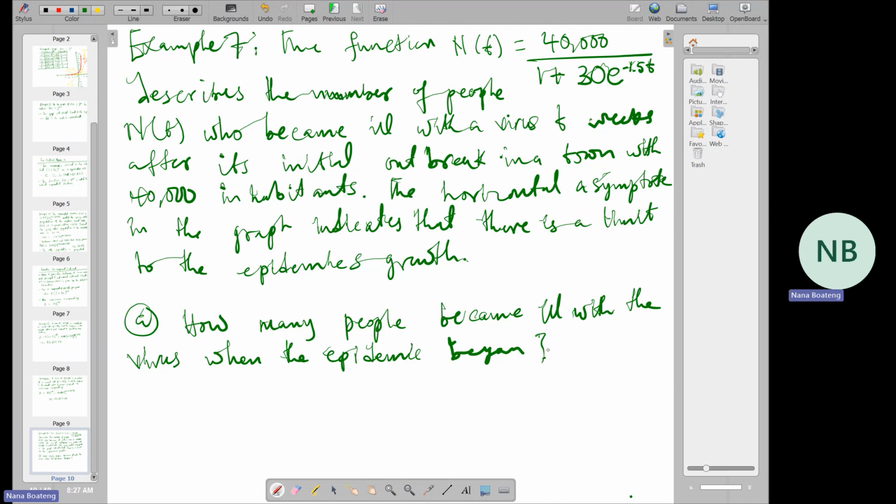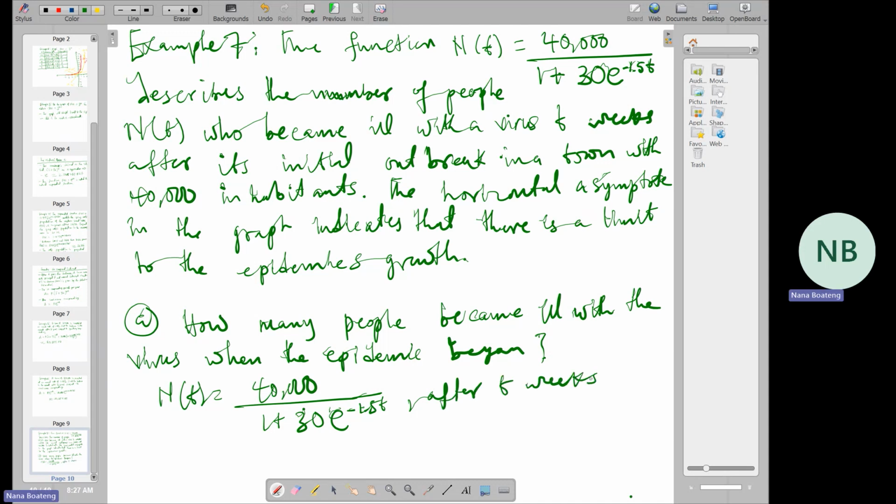So N of t is equal to 40,000 divided by 1 plus 30 e to the power minus 1.5t, where t is in weeks.